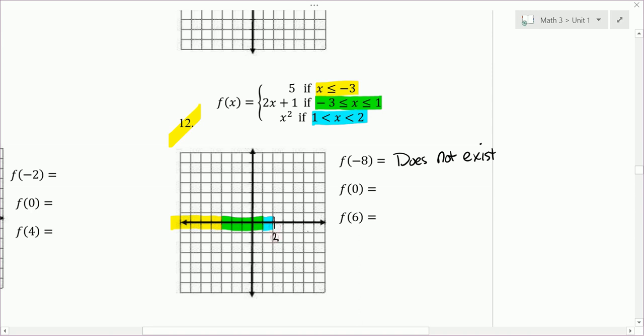Here's 2 right here, 8 is to the right of that, and there is no graph to the right of 2. 0 belongs to the second piece, so it'd be 2 times 0 plus 1, which is 1. So this goes through (0, 1), and I'll plot that.